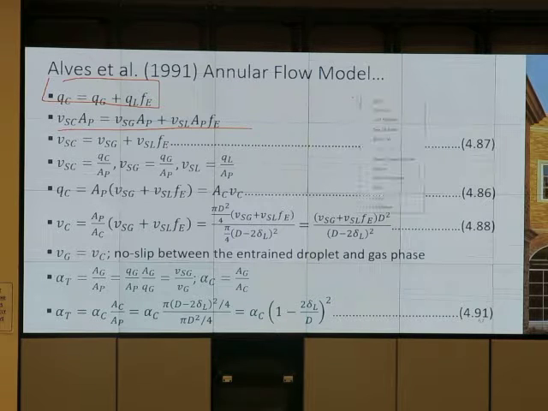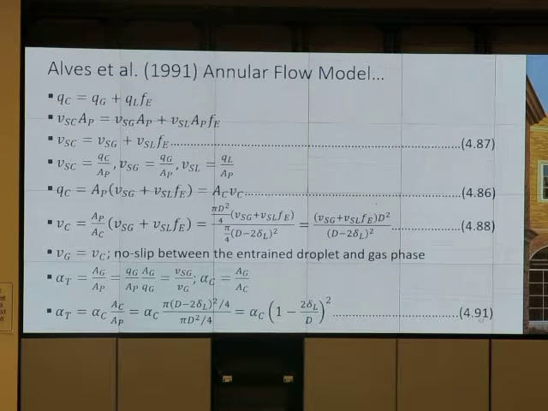So if you look at this term, VSG AP is what? QG, right? VSL AP is what? QL. FE, I just copied there. So the right hand side is that term, QC, core volumetric flow rate, equal to superficial core velocity multiplied by pipe area, just by definition. Okay?